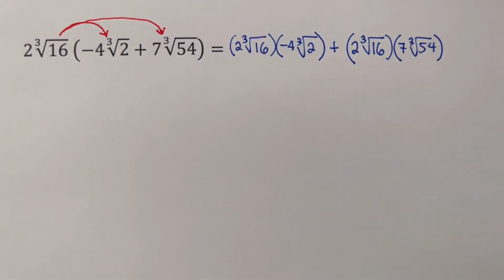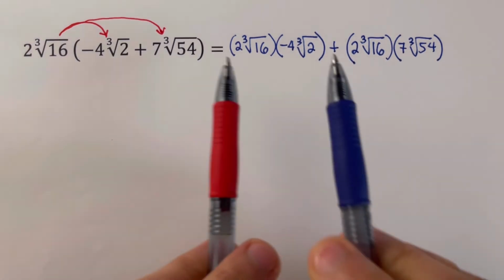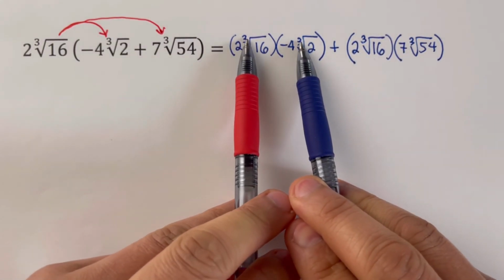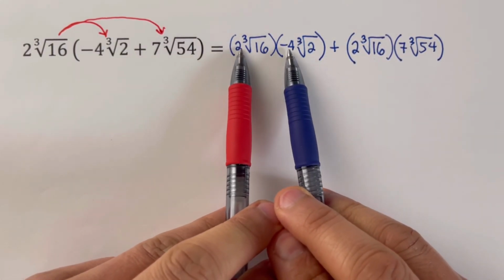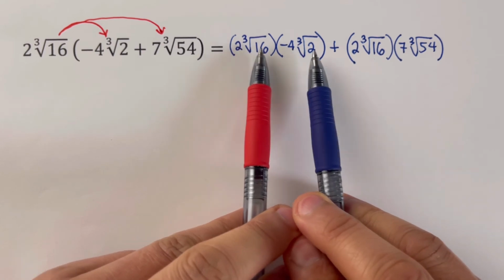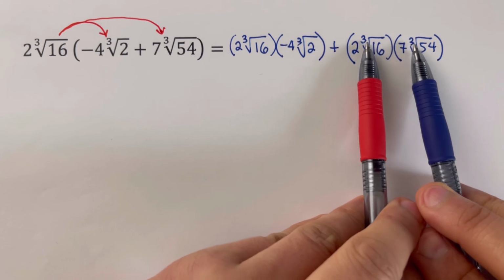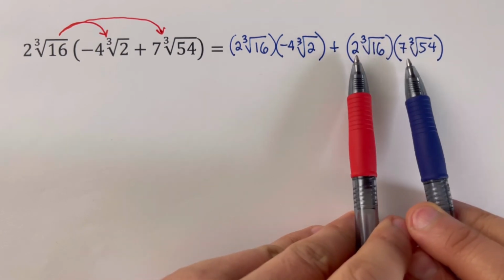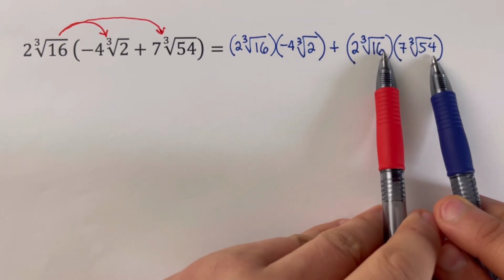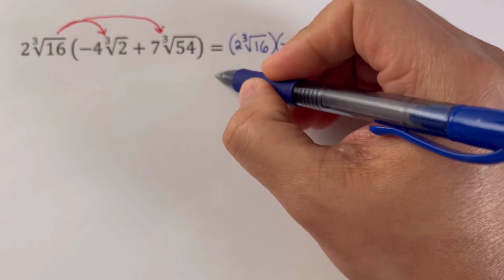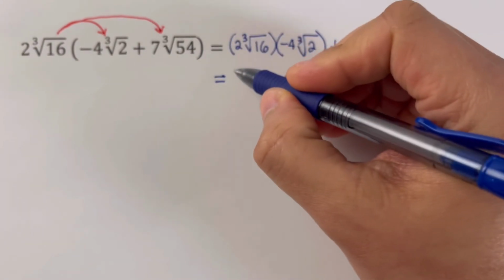So what we are going to do next is we'll look at their indices. Both of their indices are the same. So we go ahead and multiply their coefficients and multiply their radicands. And the same thing for this, they have the same indices, so we're going to multiply their coefficients and multiply their radicands. So this side of the equation would look like this.